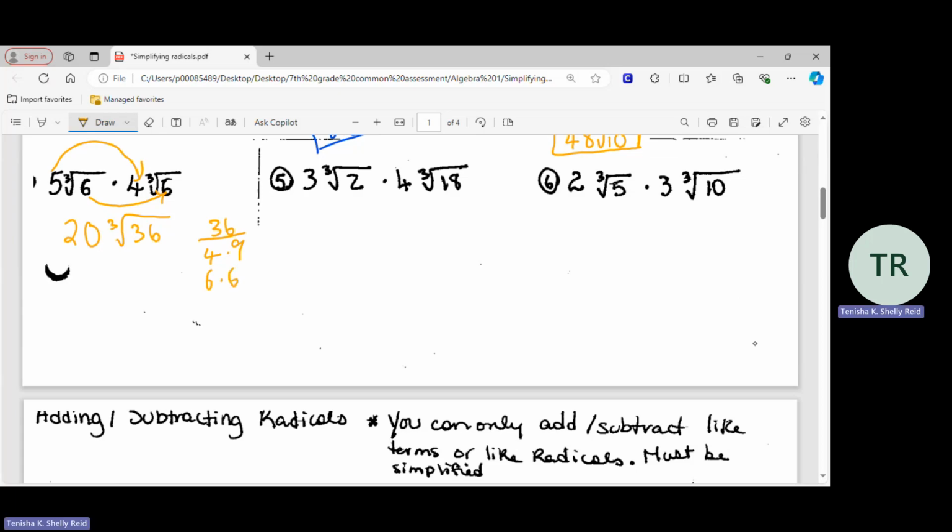Not a perfect cube. 2 and 18. None of those are perfect cubes. We have 12 and 3. Not a perfect cube. And I think I've gotten them all. But because there's no more, then I am done.